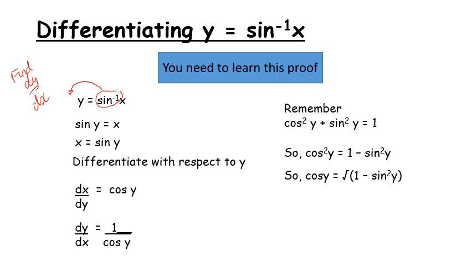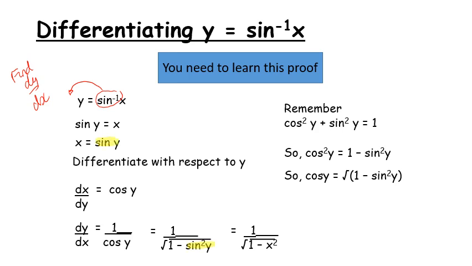The reason I'm doing that is because I want to try and replace this cos y. From this I know that cos y is the same as the square root of 1 minus sine squared y. So instead of cos y on the bottom, I could write square root of 1 minus sine squared y. And that's handy because we know something about this. Look back to earlier.